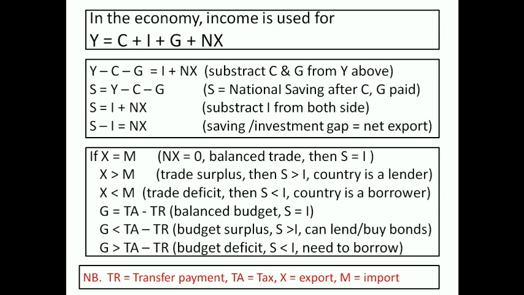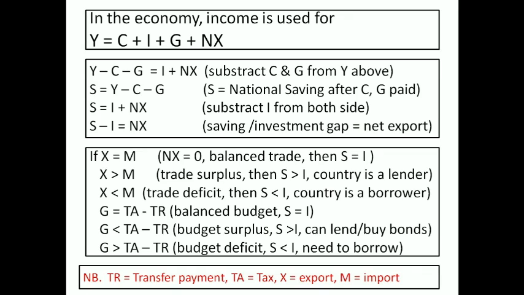Then we can say the savings is greater than investment, and the country is able to lend in the international market. But the reverse is the case if export is less than import, then we can say that savings is less than investment. Then that country is liable to borrow from the international market.